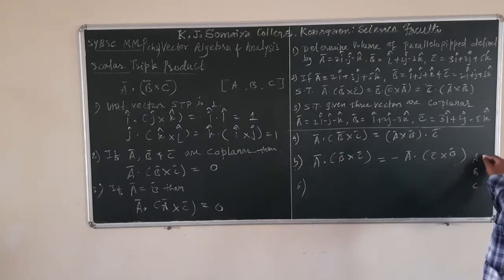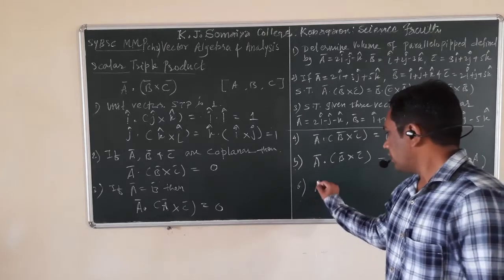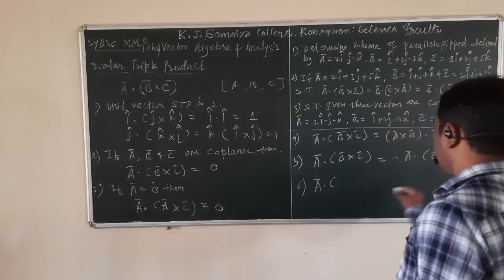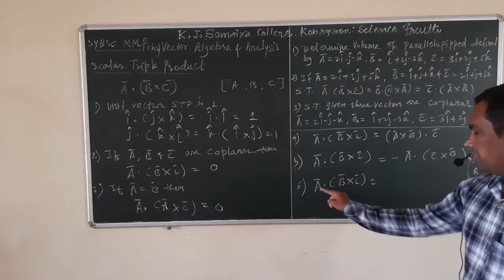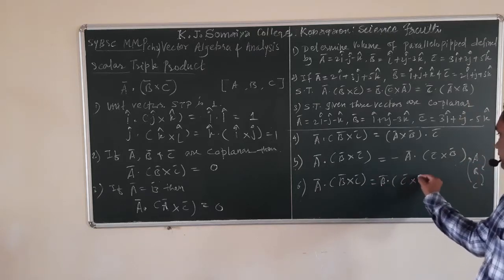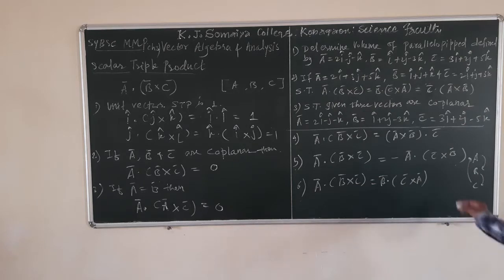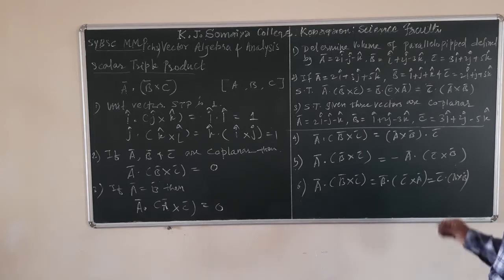Suppose vectors A B C, you are changing the order in a cyclic manner, then vector A dotted with B cross C is the same as, you are taking vector B here, dotted with C cross A, which will be the same as vector C dotted with vector A cross B. So in this way, if you exchange the order of vectors, then the scalar triple product will remain the same.